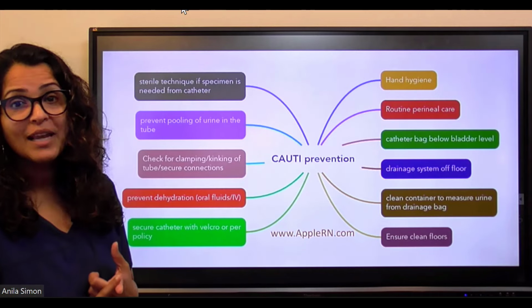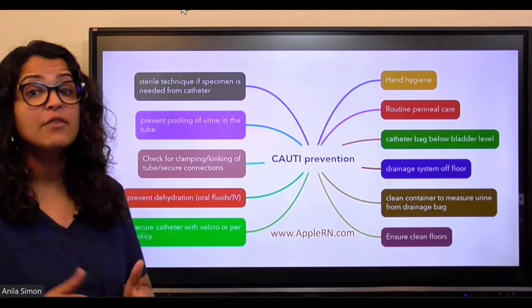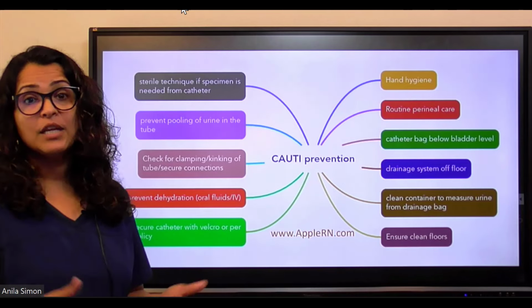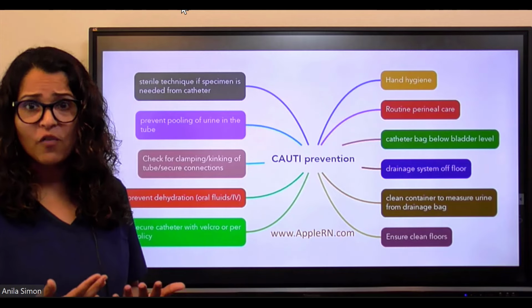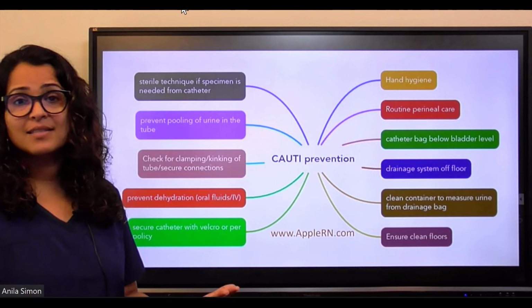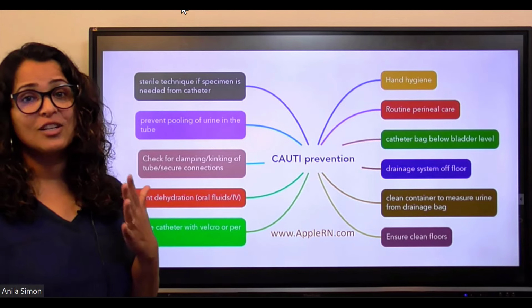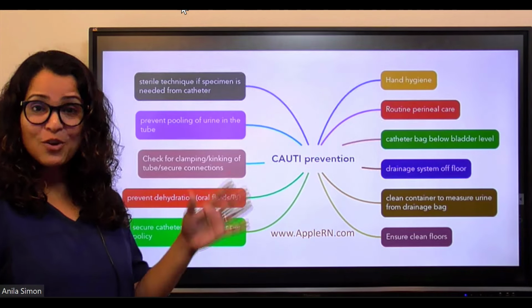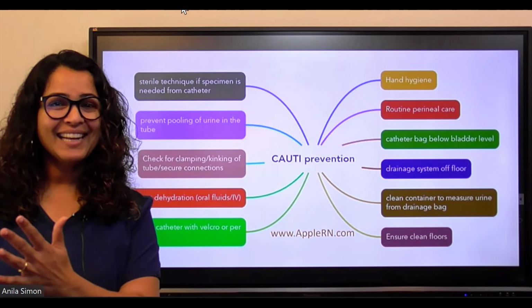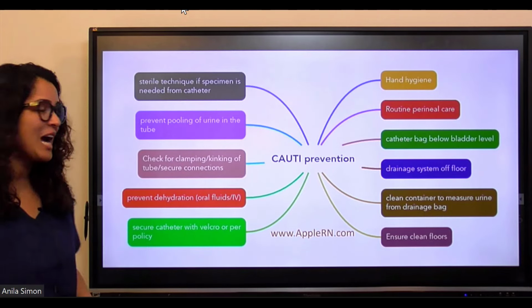So we have to make sure that the patient is encouraged to take oral fluids, if that's okay. If somebody is NPO or has a swallowing problem, then of course we will go for IV or whatever is needed to prevent dehydration. It's very important that the patient gets enough fluid, right? Because we always say, flush the kidneys. We don't want anything to stay. There should be enough fluids coming out.